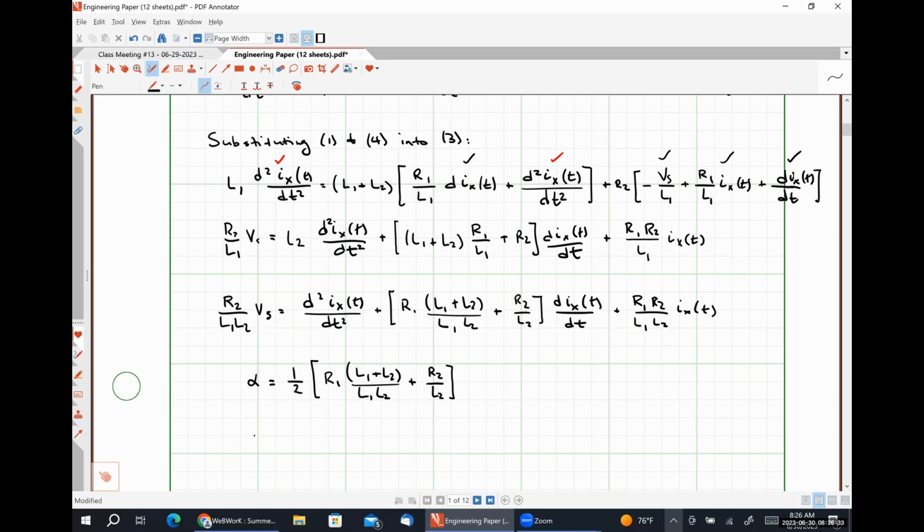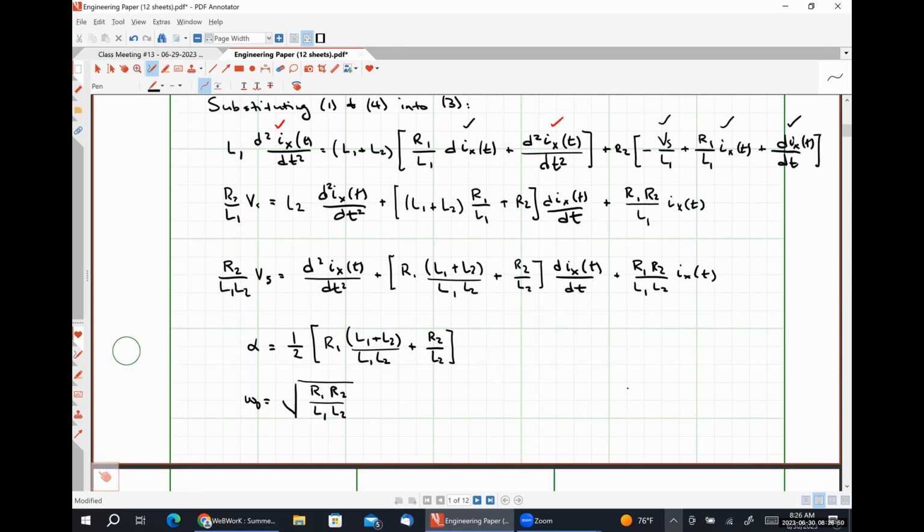And omega naught would be the square root of R1, R2 over L1, L2. And so from here, we could go through our normal steps.